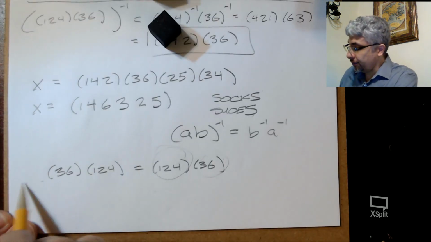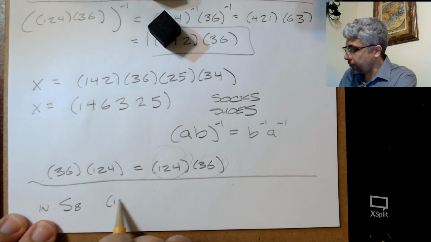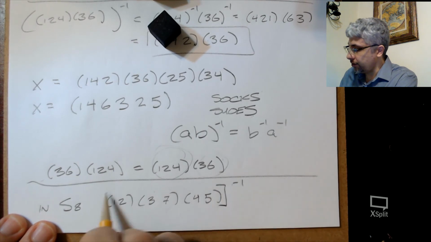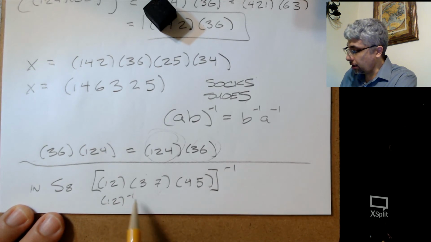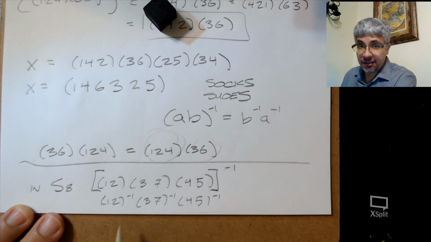So for example, in S8, if I have (1 2)(3 7)(4 5) and I want to take the inverse of all of that, it doesn't matter which one I write first, because I can write any of these three things in any order.